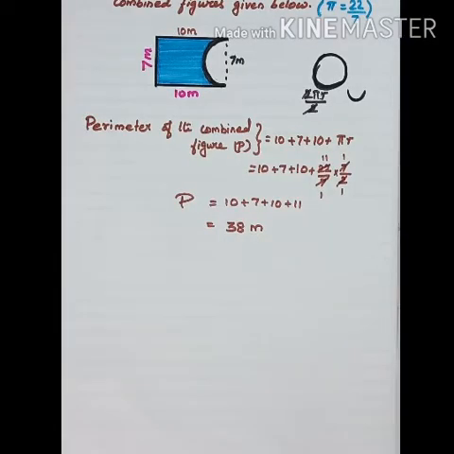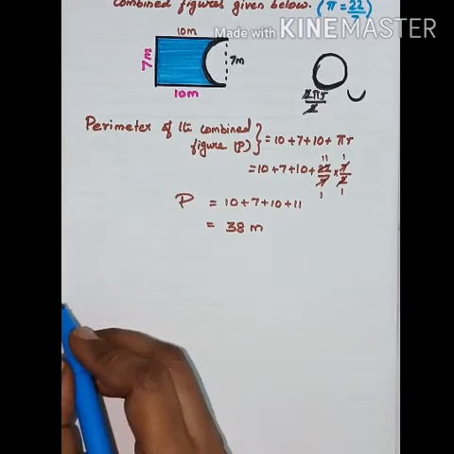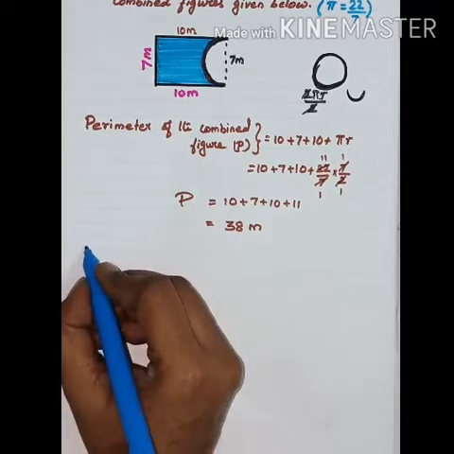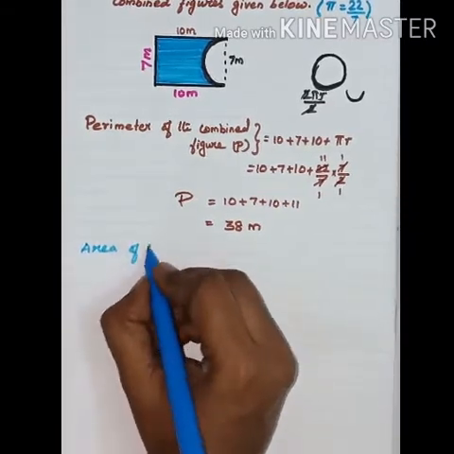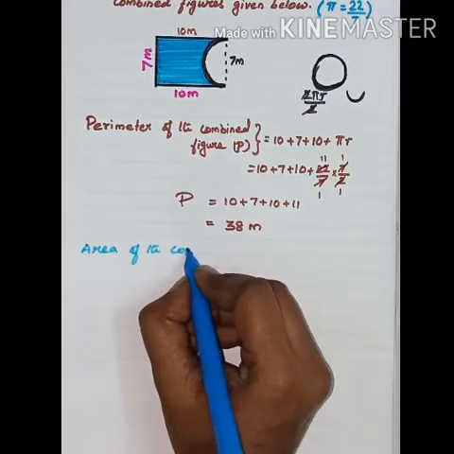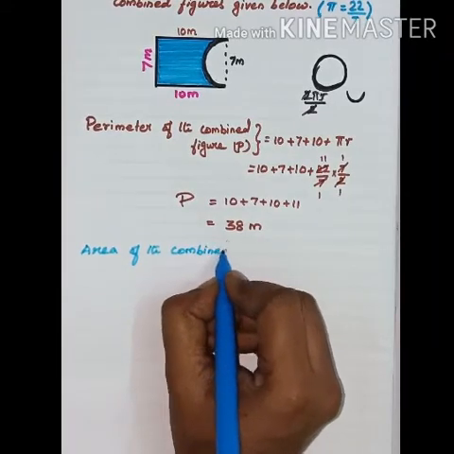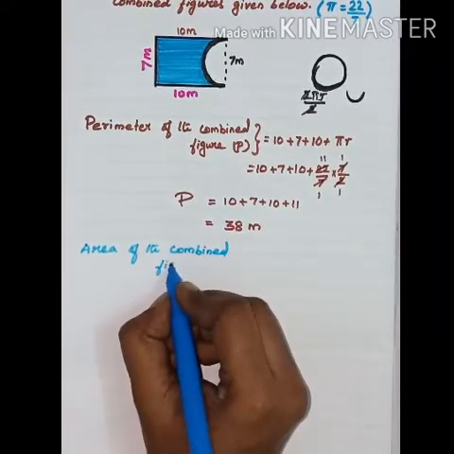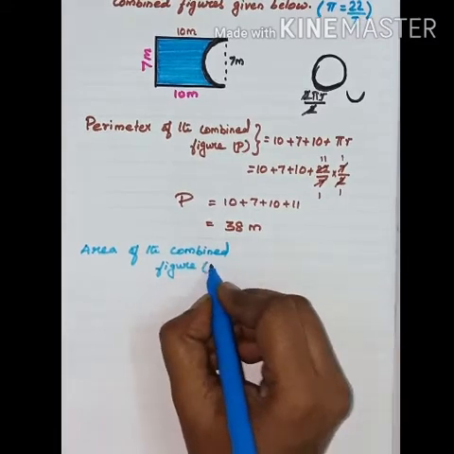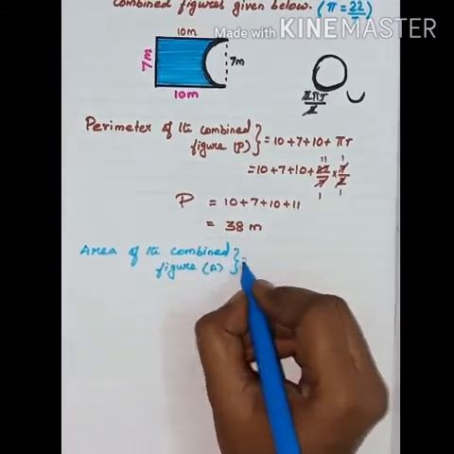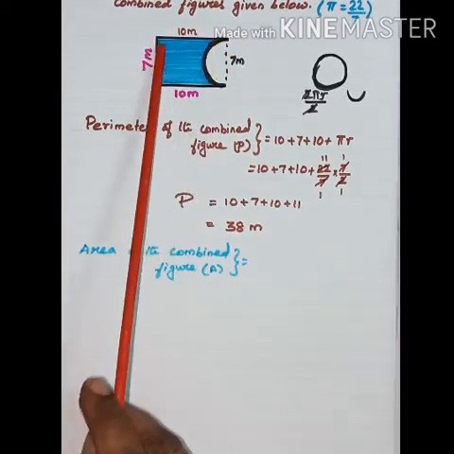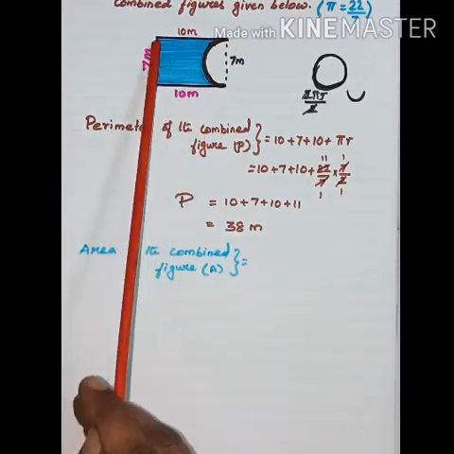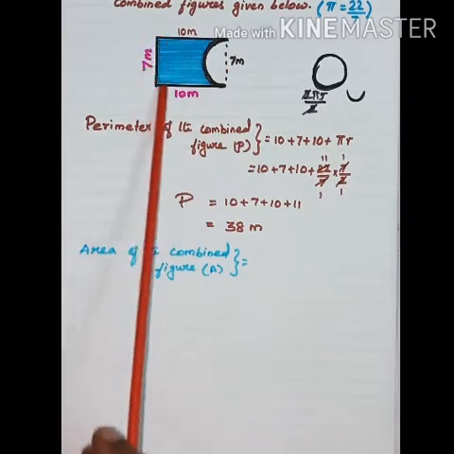The second part is we have to find out the area of the combined figure. Capital A is equal to... See, here first we have to find out the area of the rectangle.